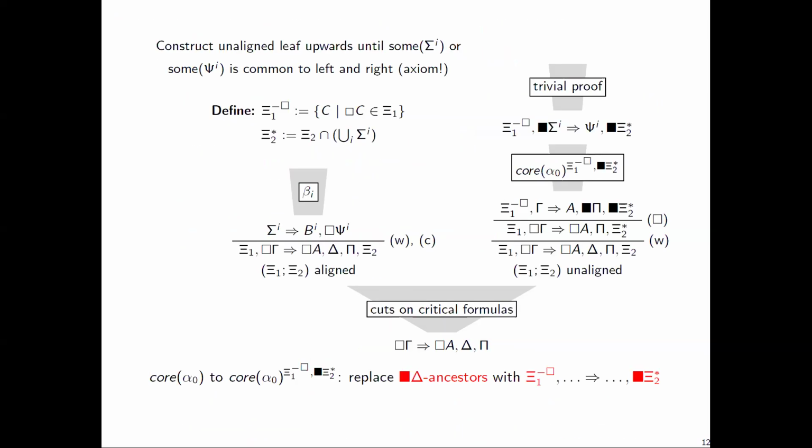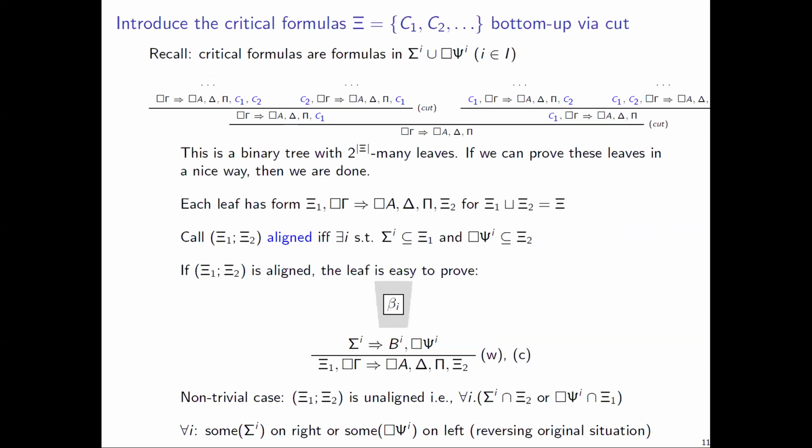All right, so the short answer is this. Okay, let me motivate it like this. Now we are in this case here, where we have some partition C1, C2, one of the leaves. And by the case split, we know that some left stuff has appeared on the right, or some right stuff has appeared on the left.